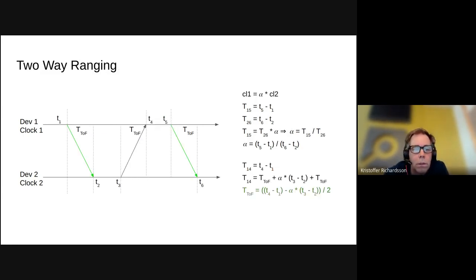So this is done by assuming that the clock in device 1 and the clock in device 2 are running at constant speeds, but with some sort of multiplication factor that describes the difference in speed.